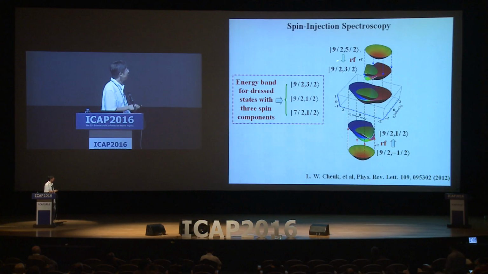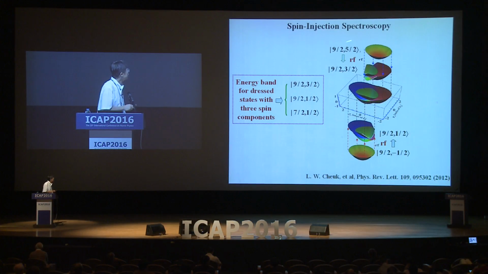Then we apply a radio frequency pulse to drive the initial state to the final state. At last, we take a time of flight with the Stern-Gerlach effect. We take absorption images as a function of the frequency of the RF pulse. So, we can get this energy band structure.